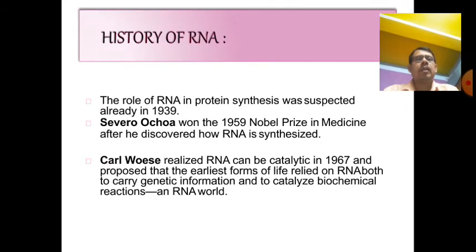History of RNA: Severo Ochoa won the 1959 Nobel Prize in Medicine after the discovery of how RNA is synthesized. And Carl Woese realized that RNA can catalyze reactions, and in 1967 proposed that the earliest form of life relied on RNA both to carry genetic information and to catalyze biochemical reactions, the RNA world.